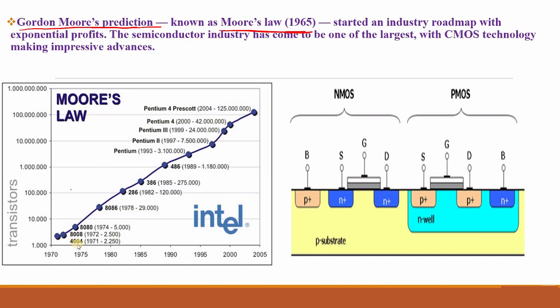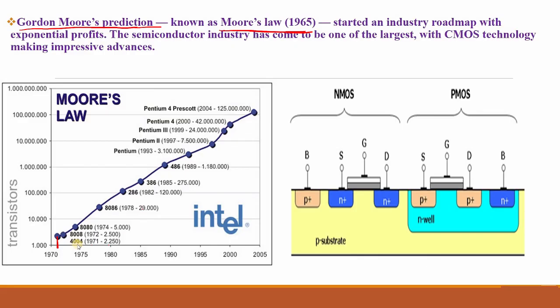If you see Moore's law with Intel, the 4004 was introduced around 1971. Next they started with the 8008, 8080, 8086, and 286. This is the year, and this is the number of transistors in an IC.